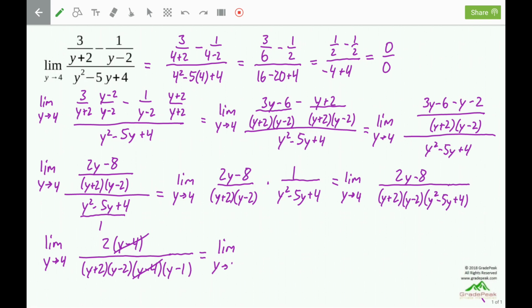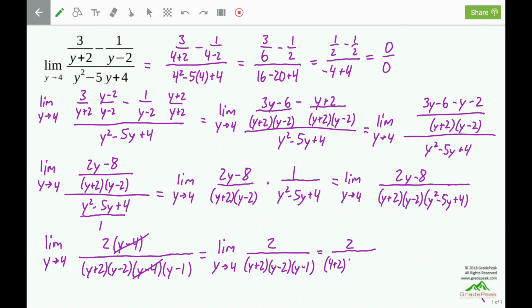And we now have limit as y goes to 4 of 2 divided by y plus 2, y minus 2, y minus 1. We can now plug a 4 in for each of the y's.